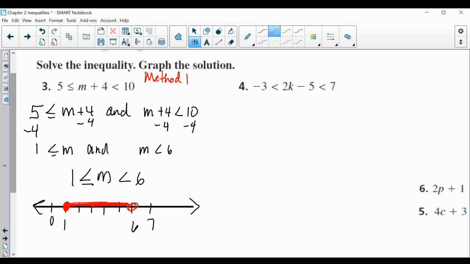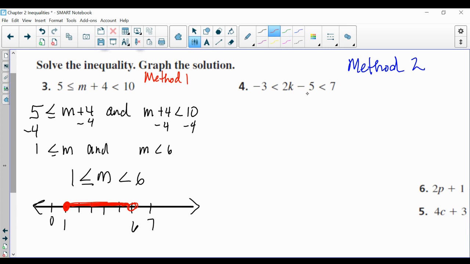Okay, so let's do the next one using method 2. So write this on your paper. And so the first thing I'm going to do is clear the middle.